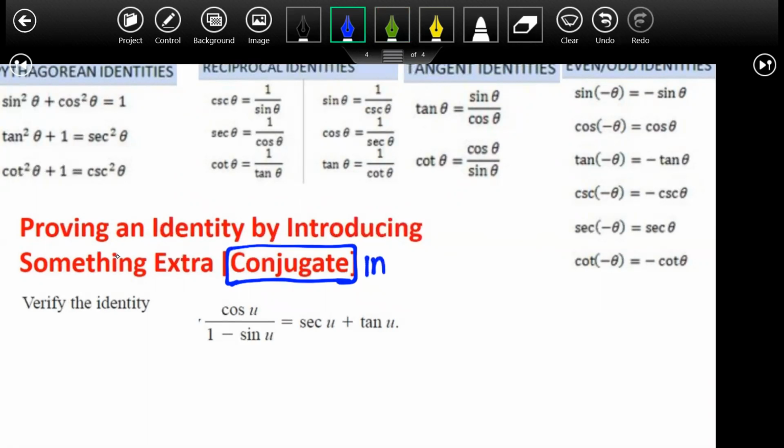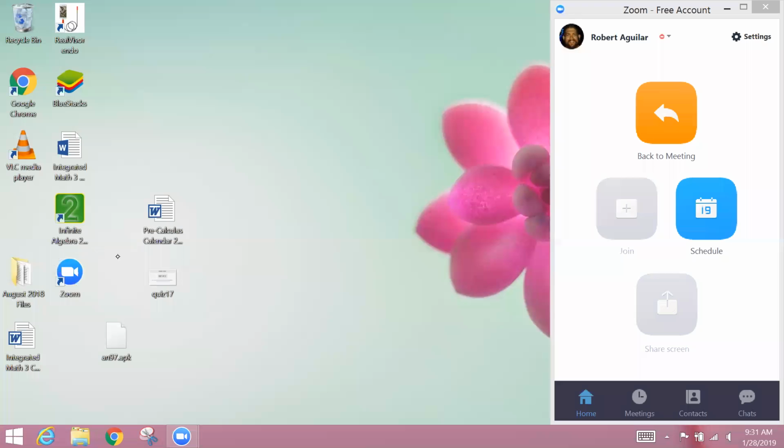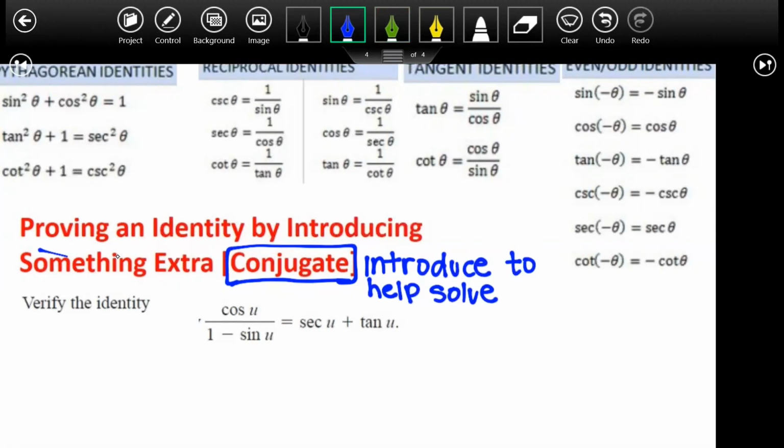And what we're going to do is introduce the conjugate to help us solve. Okay. Let's make sure I'm copying this.